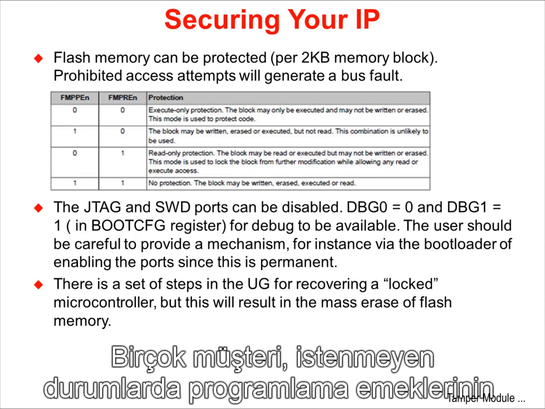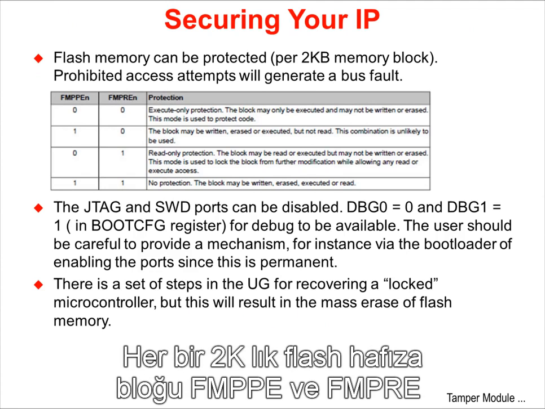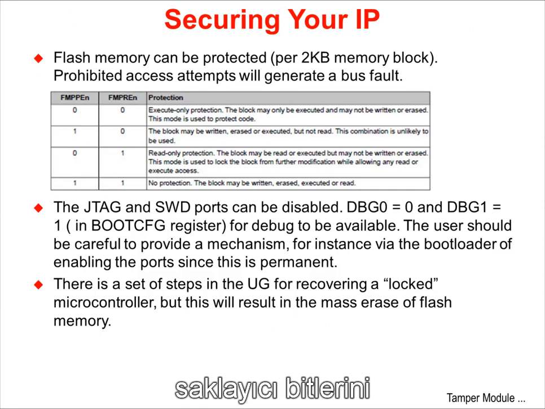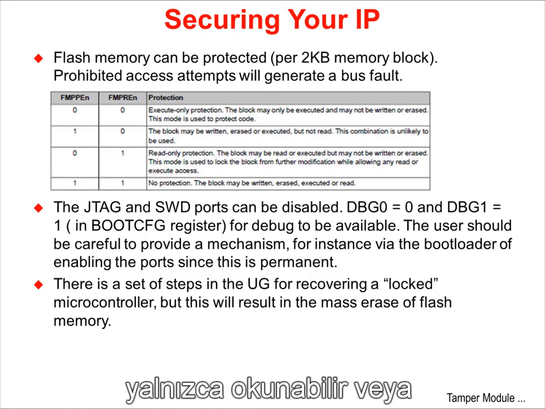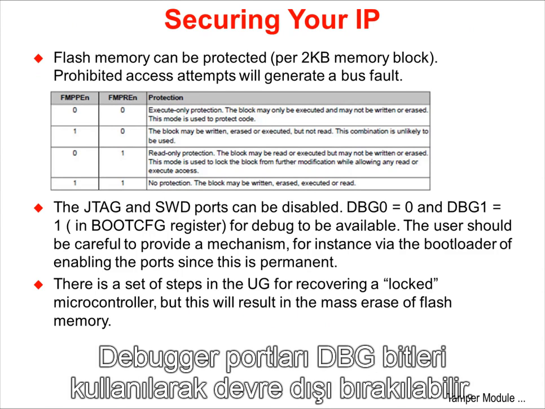Many customers find it important to secure their programming efforts from unwanted snooping or duplication. Each 2K flash memory block can be configured using the FMPPE and FMPRE register bits to execute only, read only, or the default unsecure state. To further protect the device, the debugger ports can be disabled using the DBG bits.